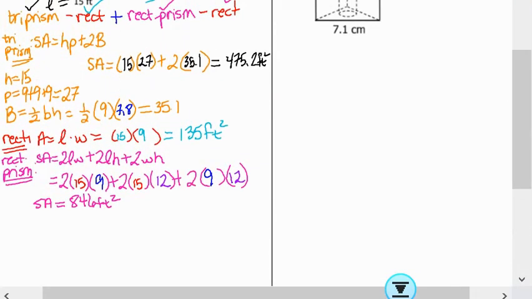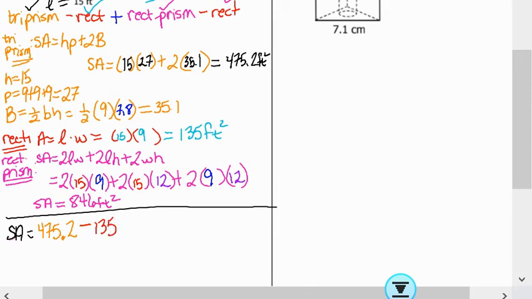Okay, so our plan for the total surface area is going to equal the triangular prism surface area, which is 475.2, minus the rectangle, which was 135, plus the surface area of the rectangular prism, which was 846.